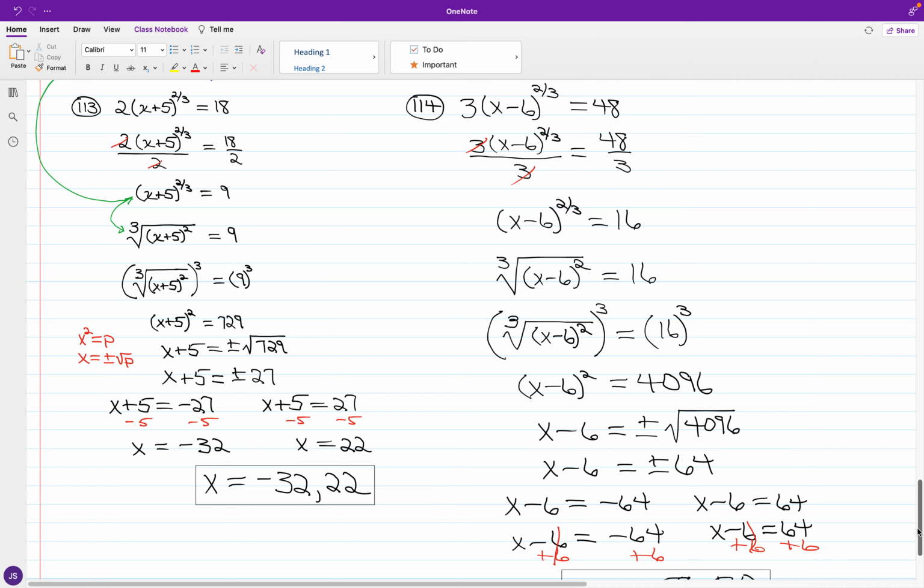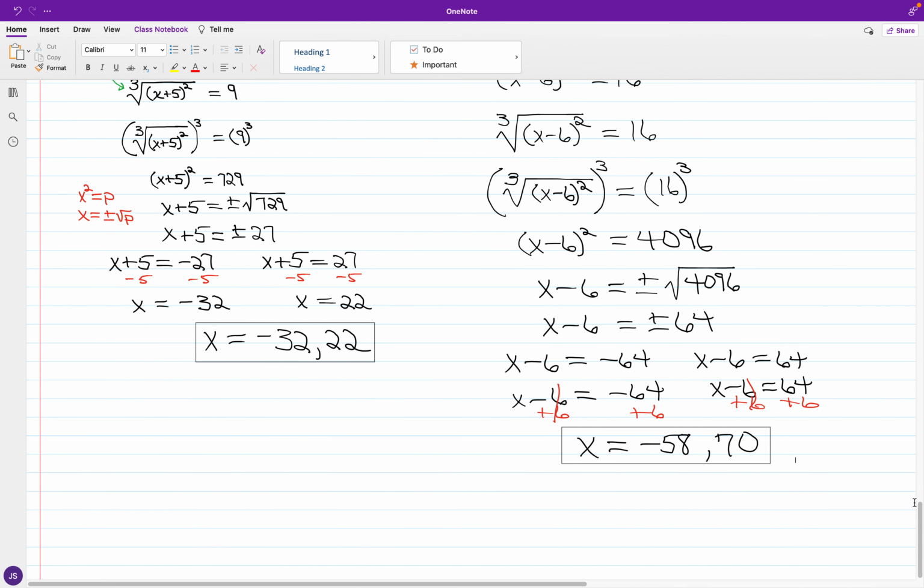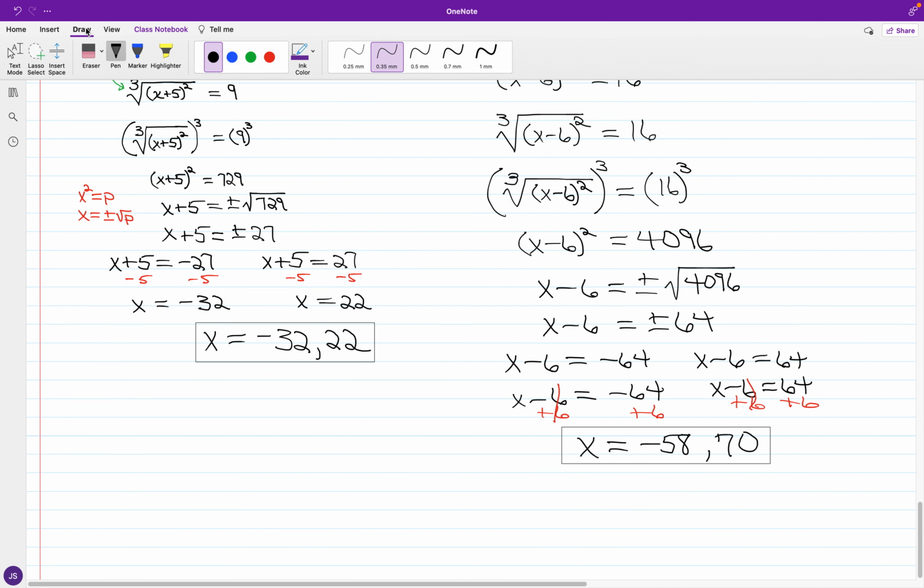But now let's say I change things up, and for number 115, this time we have the exponential base, the quantity of 3x plus 1 raised to the 3/2 power, plus 2, is equal to 66.